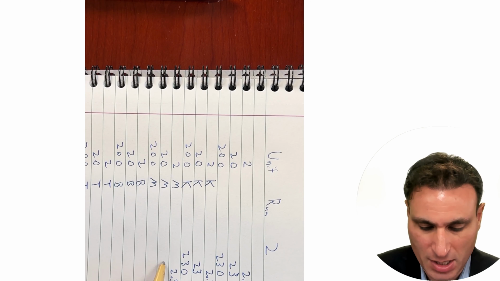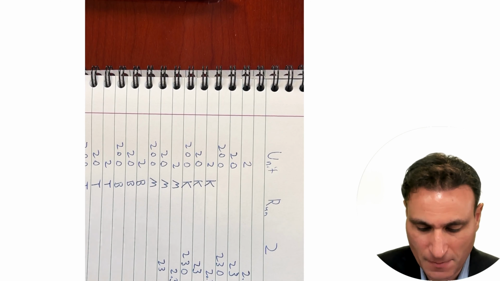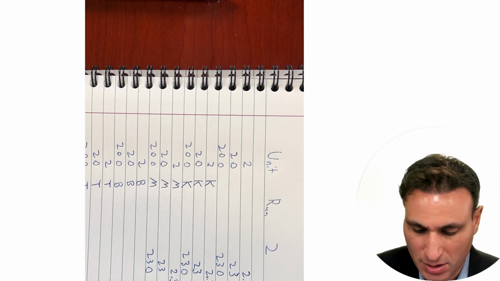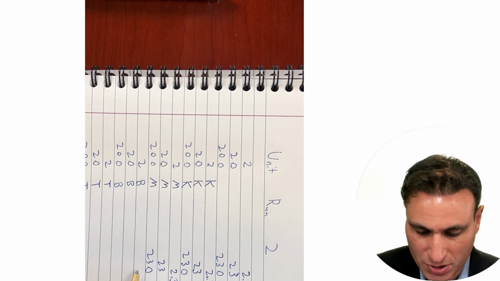2.3 million times 10 is 23 million. 23 million times 10 is 230 million. Okay, 230 million times 10 is going to be 2300 million, which is going to be 2.3 billion.